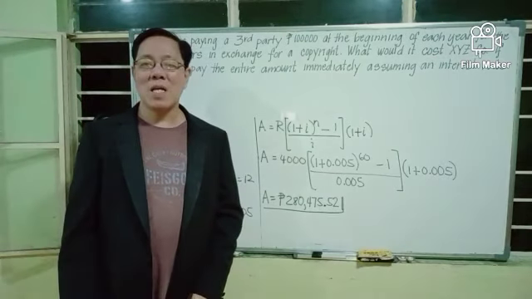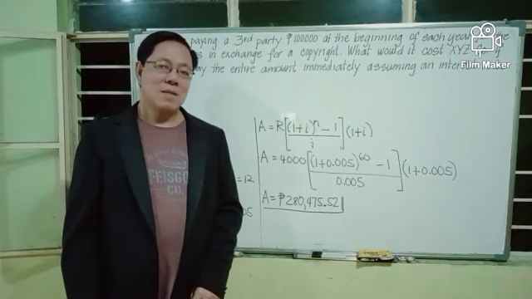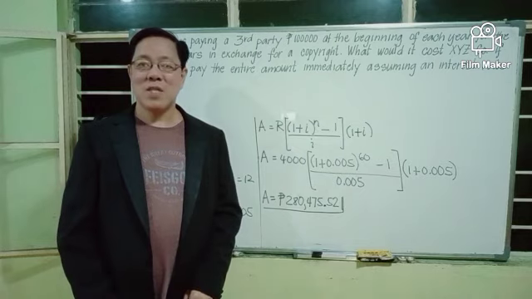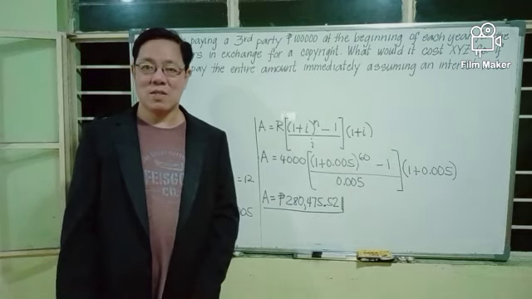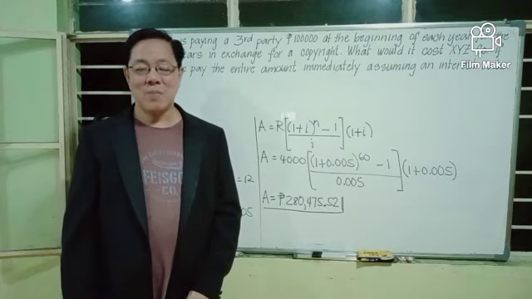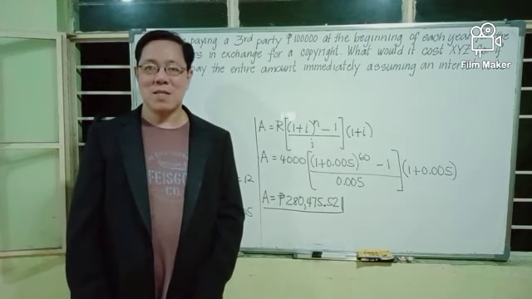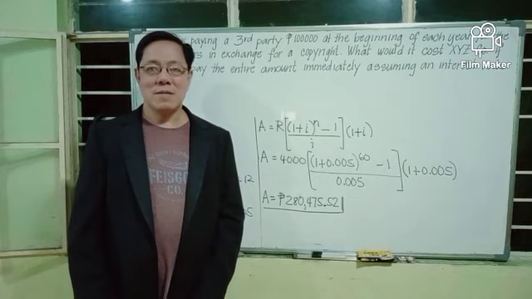In this problem, XYZ company is purchasing a copyright with payment of 100,000 pesos to be paid at the beginning of each year for the next 8 years. But XYZ company is thinking of paying all the amount immediately.